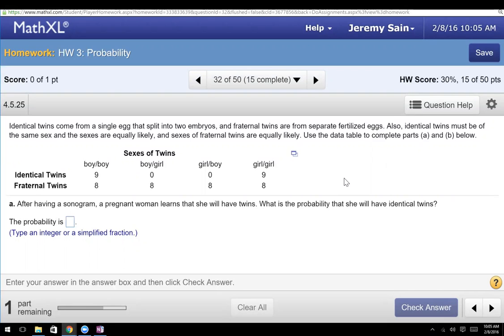So we're still doing conditional probability. Let's remind ourselves about that just real quick.